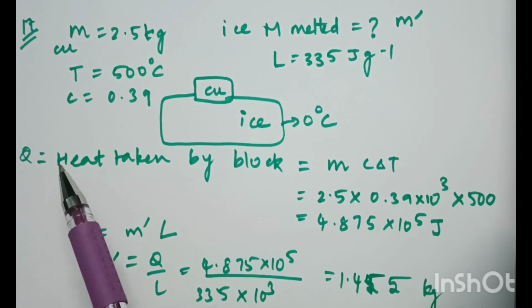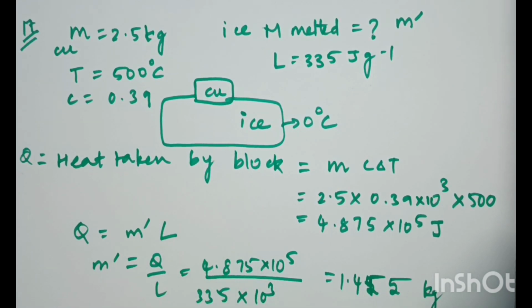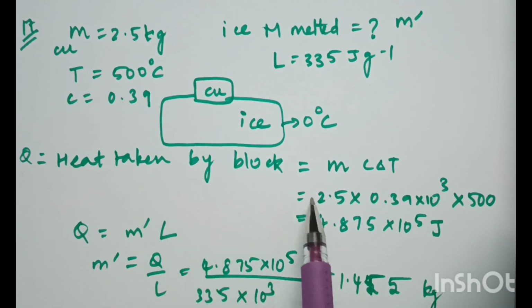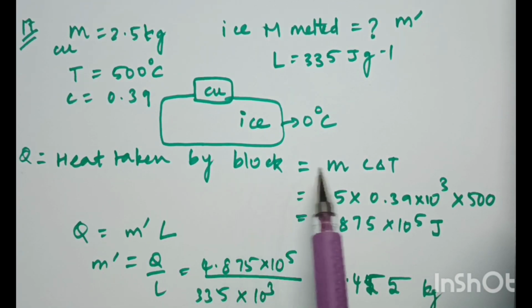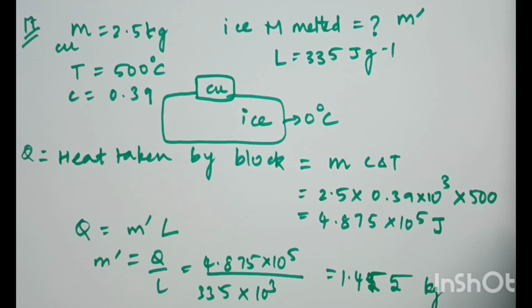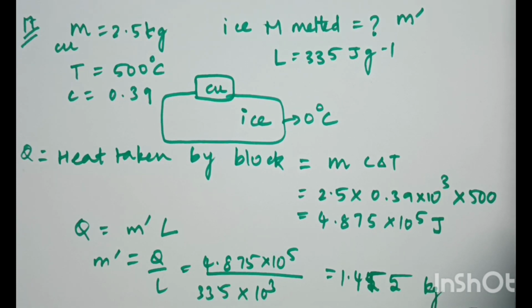Now Q is equals to the heat taken by the block, mc delta T. So the heat required for the melting of ice is provided by the copper, because copper was at a higher temperature.